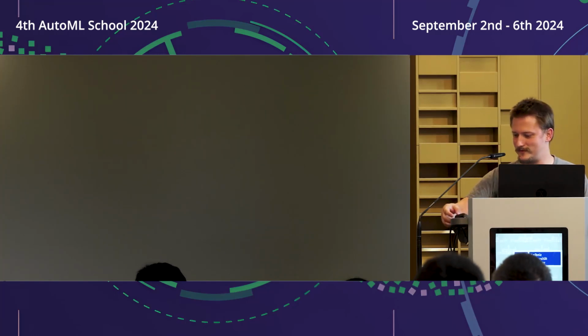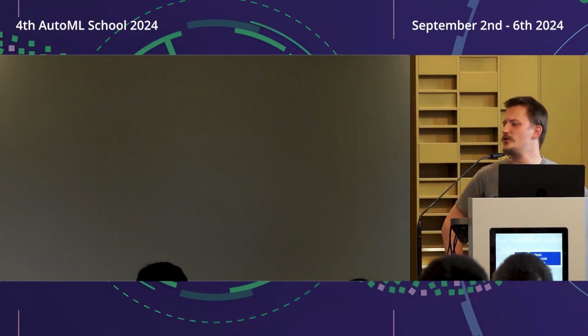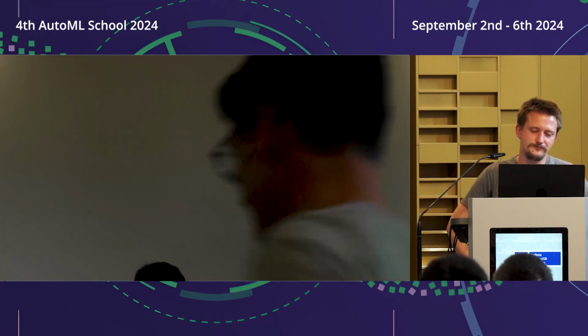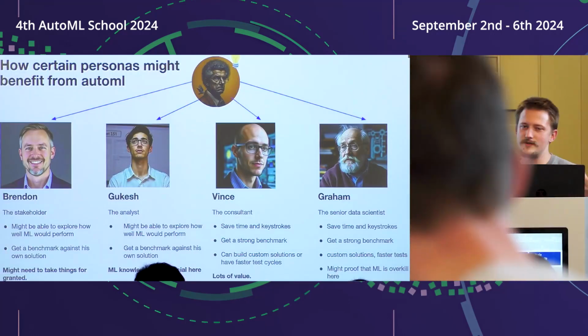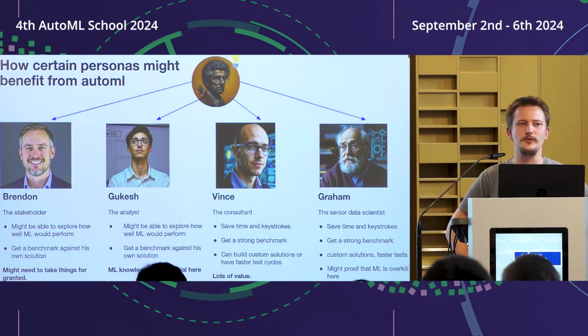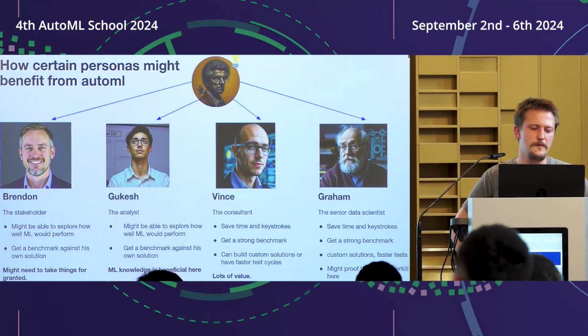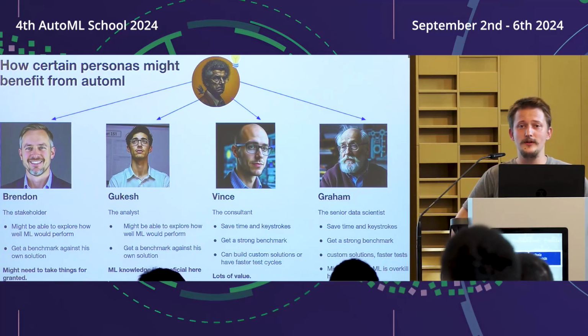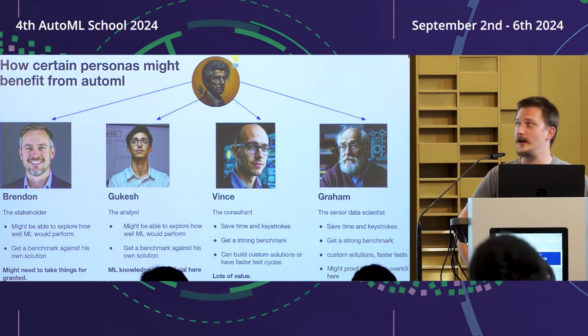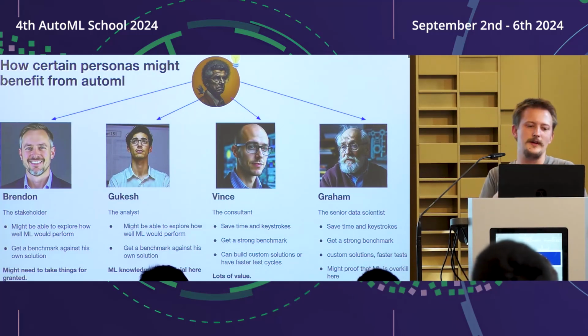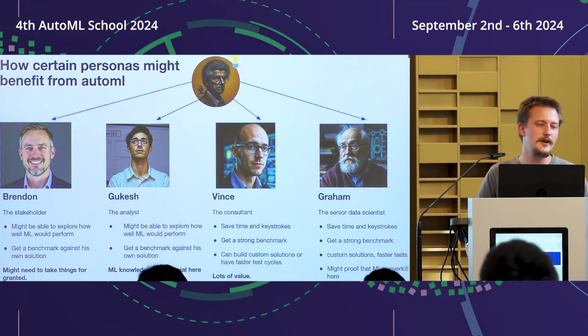Let's see. So when you think about who might actually benefit from it, there's also some shared experience that I saw when we worked with DataRobot in the past. For a stakeholder, it might be nice if they have a certain minimum level and can code it themselves, then they can explore algorithms, see what is working and also learn something new.